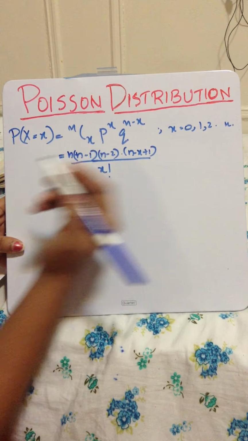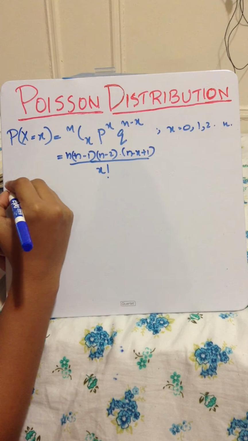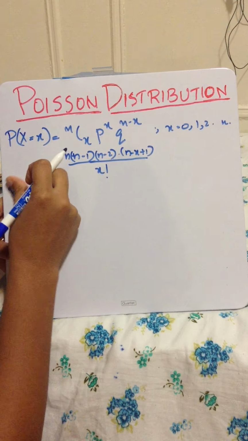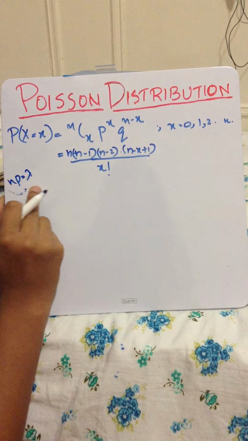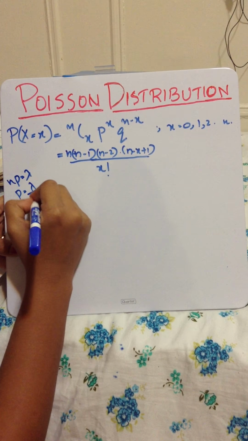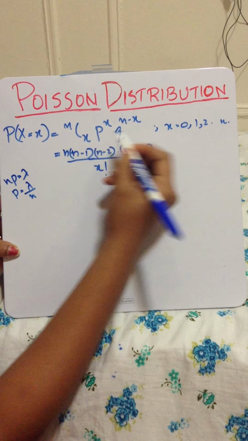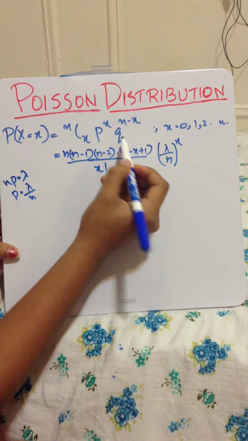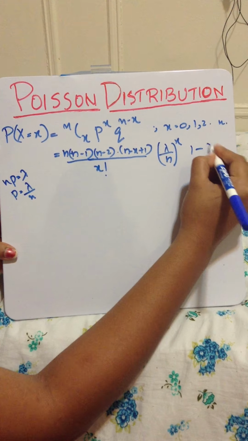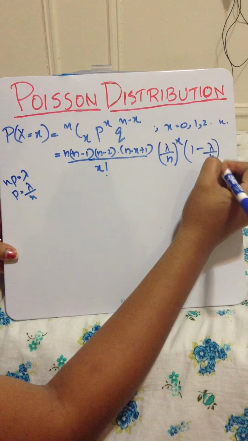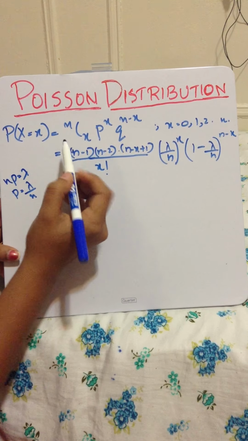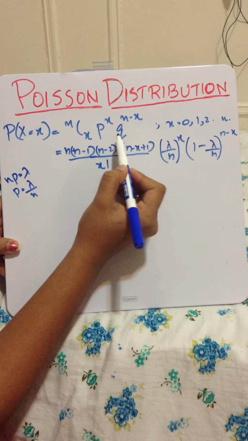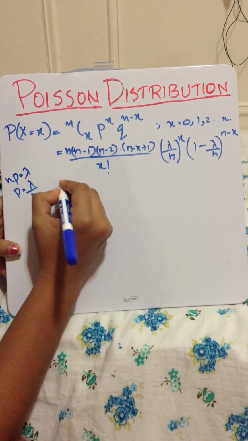Now earlier I have told for this approximation we'll take np is equal to lambda. From that we can take p is equal to lambda by n. So I can take this p as lambda by n, and q, as we all know, is 1 minus p. So again 1 minus p, again I can put lambda by n raised to n minus x. So I hope this is clear. nCx I'm replacing with this, p I'm replacing with lambda by n, q by 1 minus lambda by n.